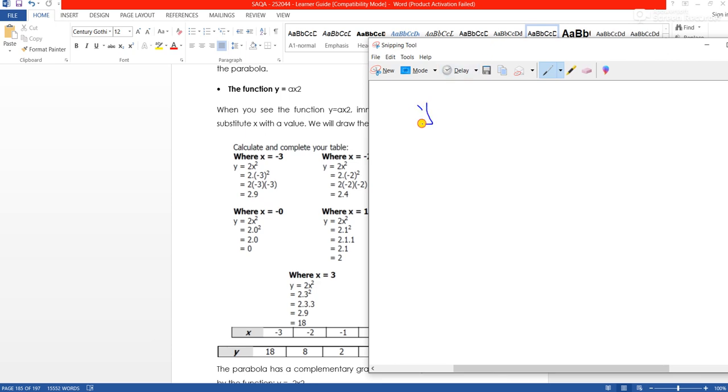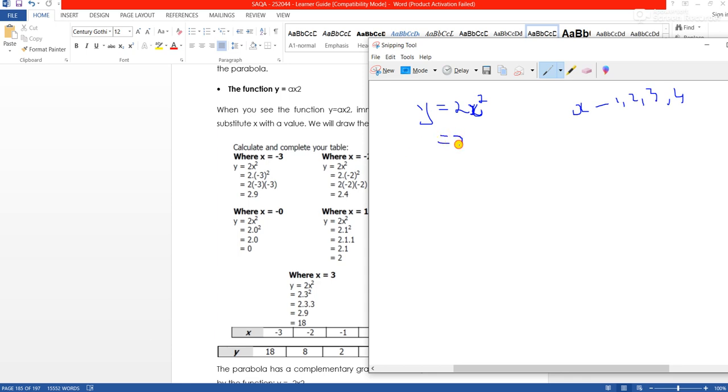We've got our parabola, y equals 2x squared, and we can substitute any values for x. We are looking for y values, so for x values we've got 1, 2, 3, 4.